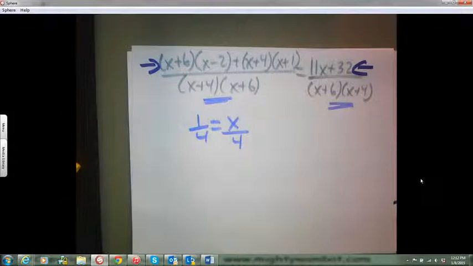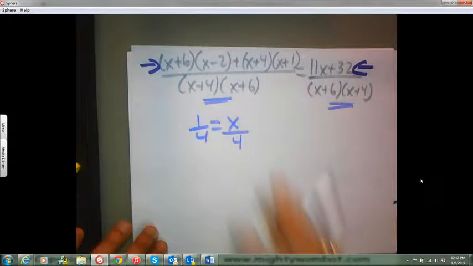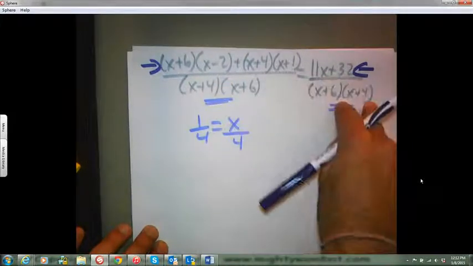Any questions on that logic before I go forward? Okay. So, the denominators are already equal. So set the numerators equal to each other.